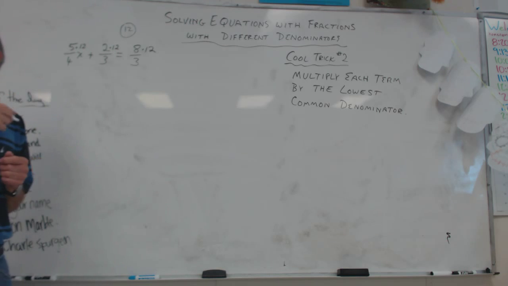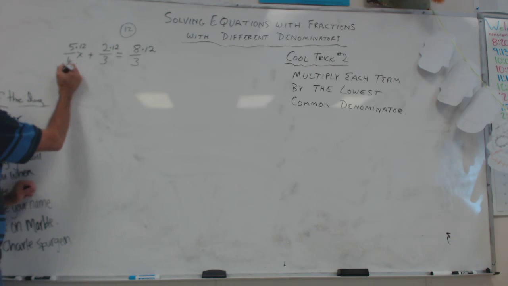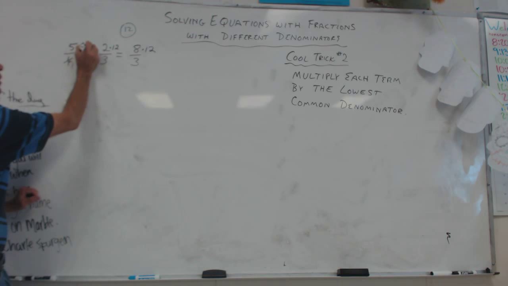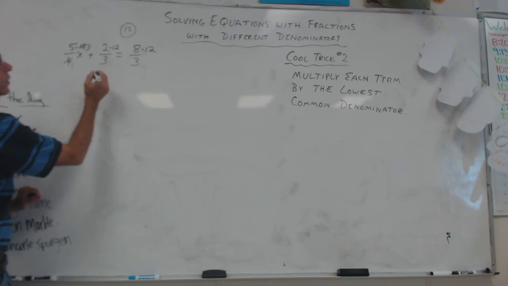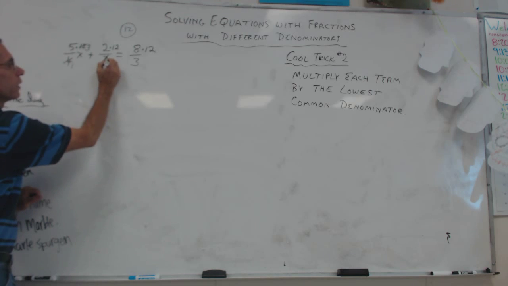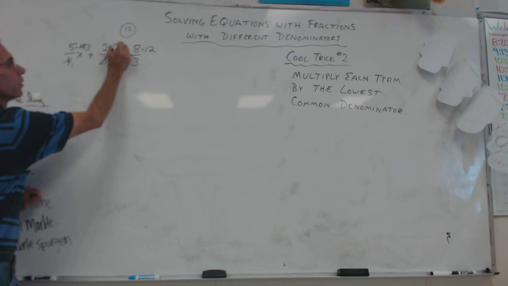And then I'm going to do my upstairs, downstairs reducing. 4 goes into 12, I know that. 4 divided by 4 is 1. 12 divided by 4 is 3. 3 divided by 3 is 1. 12 divided by 3 is 4. Am I going too fast?